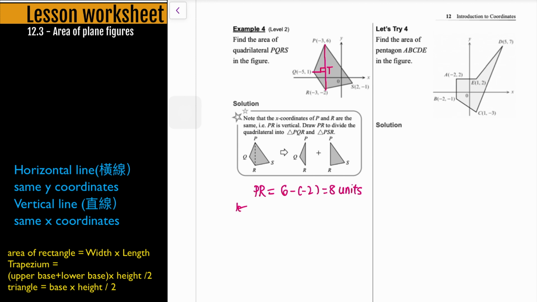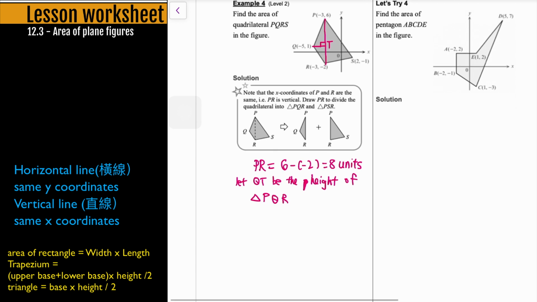Otherwise, let QT be the height of triangle PQR. So QT equals -3 minus -5, because the coordinate of T will be -3 and 1. Then you got 2 units.